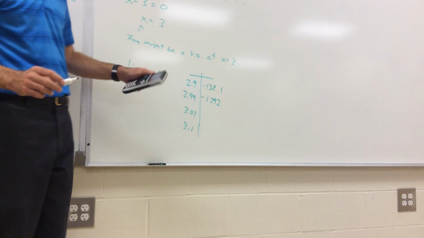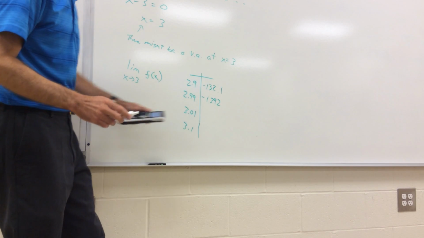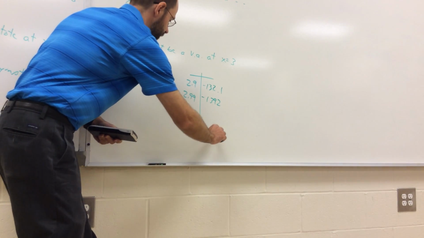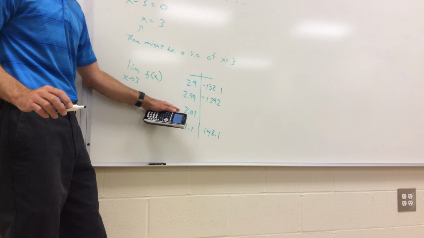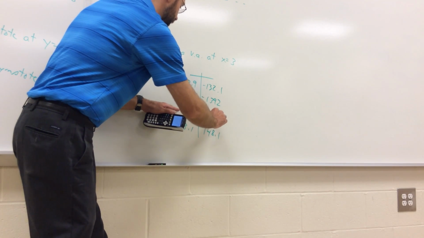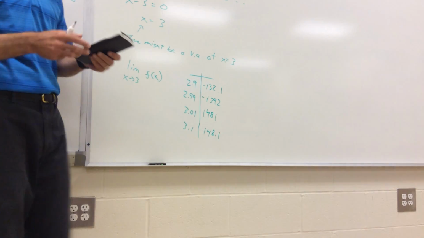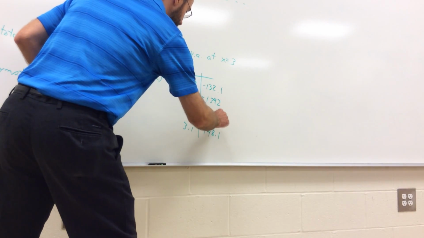And 3.1 was Colin, right? 148.1. And Annie, what'd you get for 3.01? 1,481? Cool. Thank you.